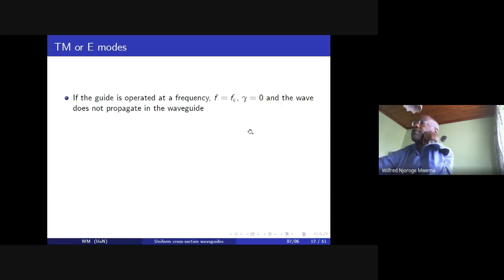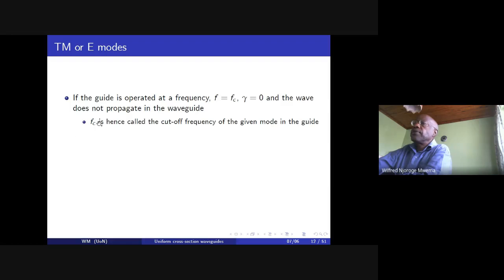So if gamma is equal to 0, then it means that the wave is not propagating in the z direction at all, because remember, gamma was multiplying z in the expression for the fields. And if gamma is equal to 0, then the wave is standstill. It's not moving in space.